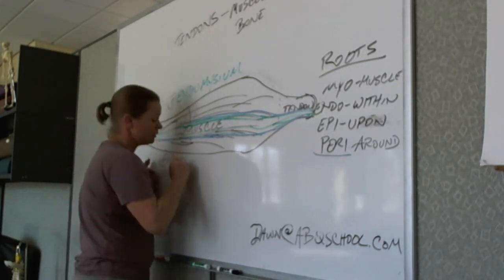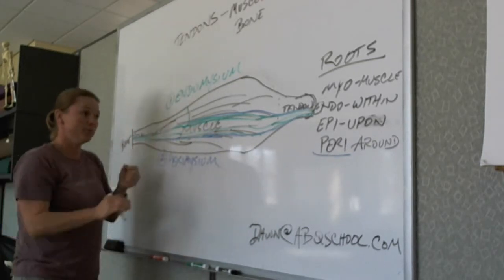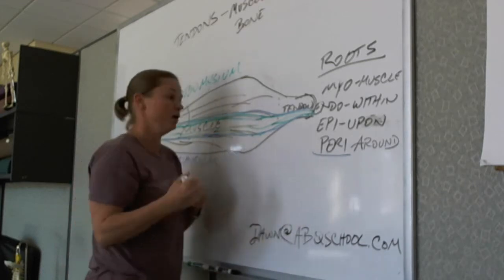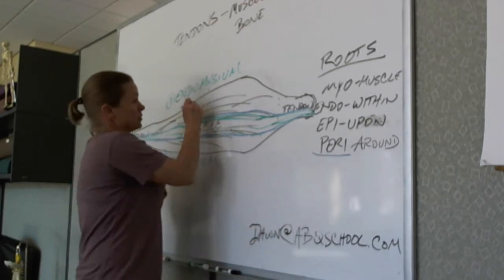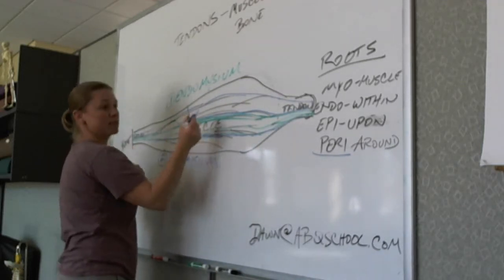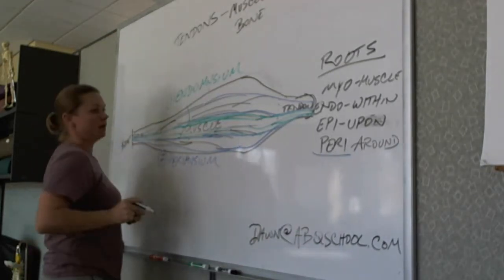Peri means around. So we have endomysium, the small, each individual muscle fiber. Peri means wrapping each group of muscle fibers. So we would have multiple groups of muscle fibers. You can see in blue. I'm a terrible drawer at this point.